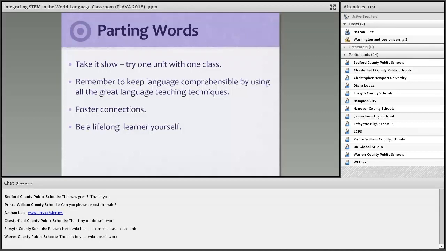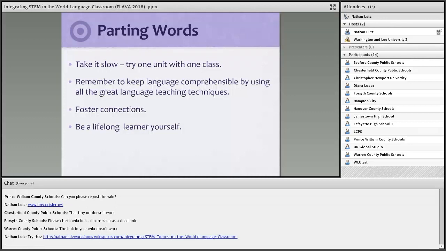Talk to people in your school environment or outside of it, and make those connections with your science, your math teachers, your STEM coordinators. Talk to anybody who can help you out. I just typed in the longer version of the URL, and hopefully that will work for you. You can test that out before we leave here.